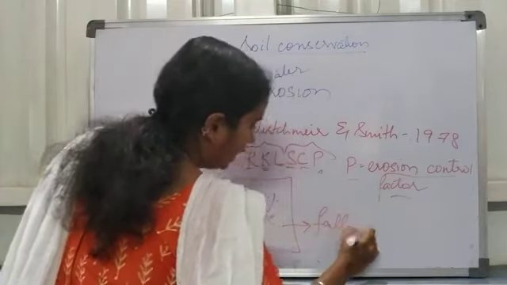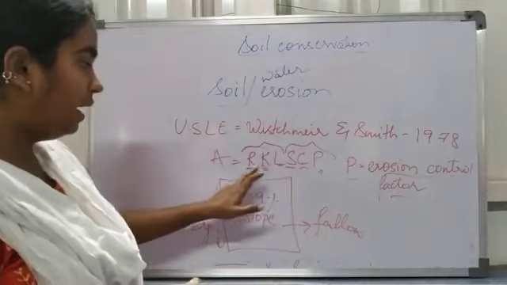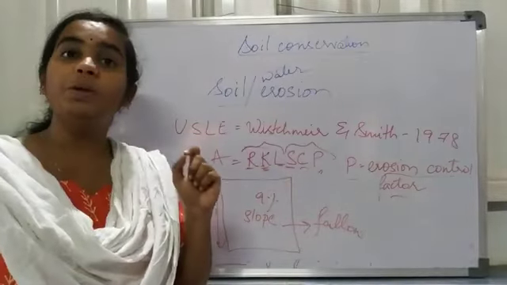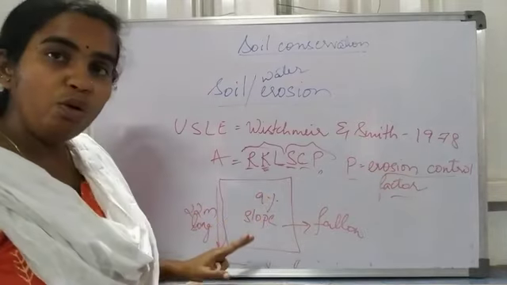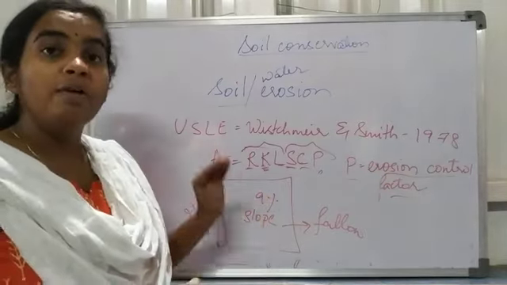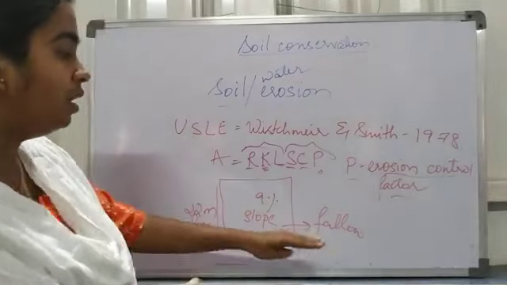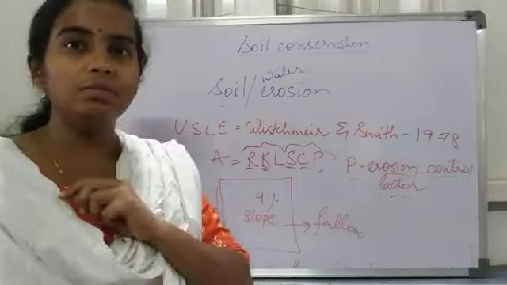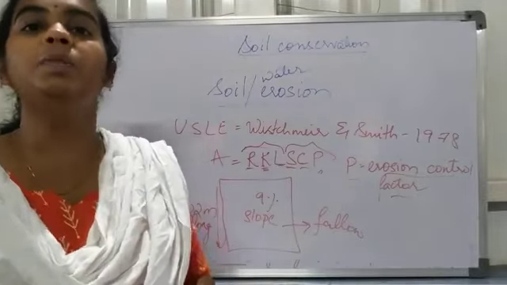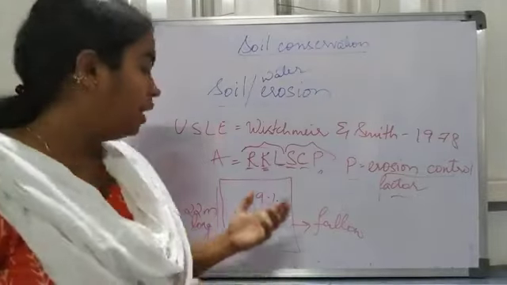Fallow means without any vegetation. So erodibility factor is the susceptibility of the soil from an area of 22 meter long with 9% of the slope where there is no crop. That is called fallow, which shows the maximum capacity or the susceptibility of the soil to be eroded.